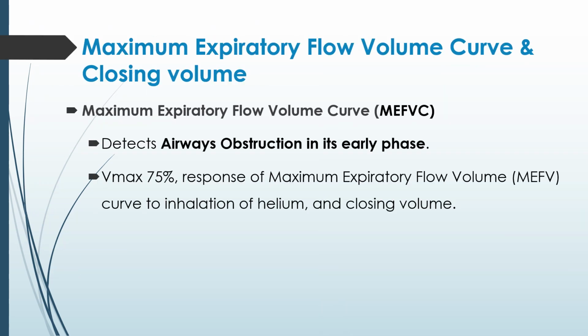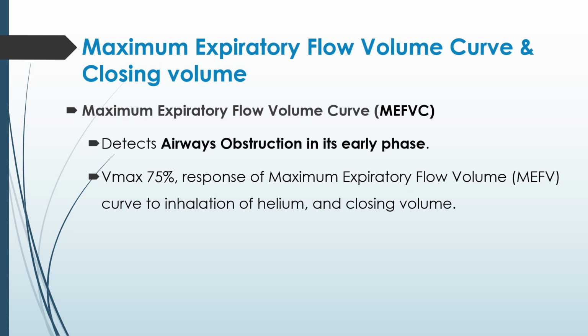Maximum expiratory flow volume. This detects airway obstruction in the earlier phase. Because of the limitation of the forced expiratory volume in 1 second, certain other tests are performed to know the airway obstruction in its early phase.